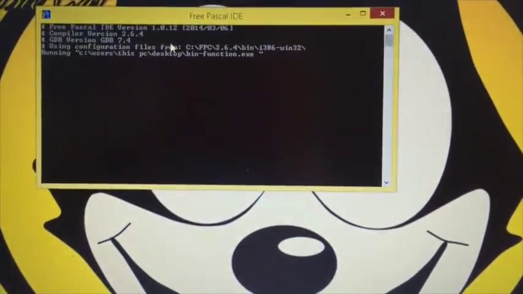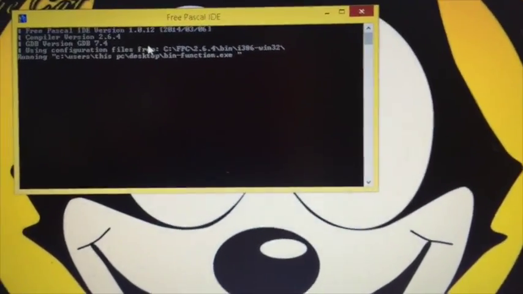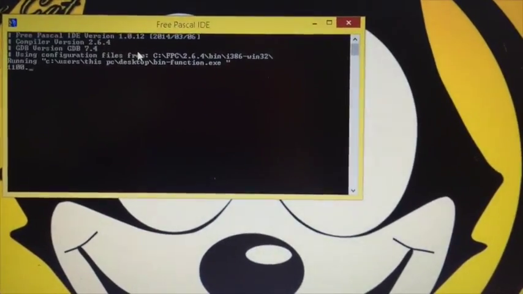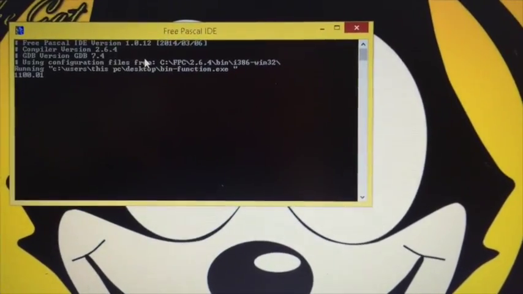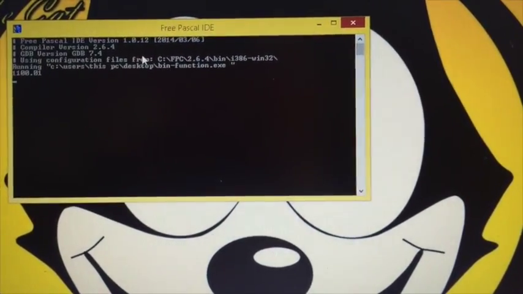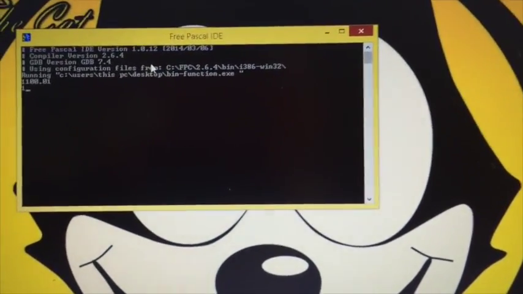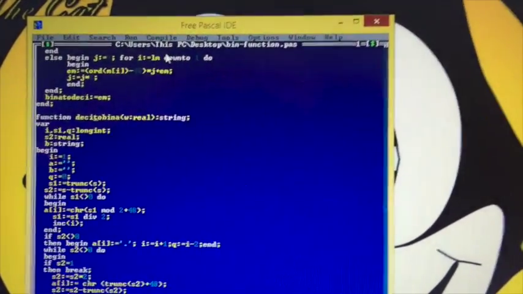First, we have 1100.01 as 12.25 for our answer, and then let's add it to 10, which is 2 in our decimal numeral system.